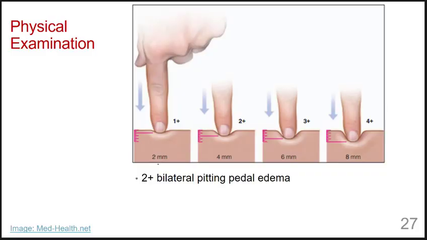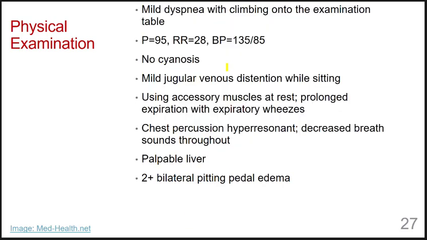And so why does that pitting edema exist in this case? Well, it goes along with the jugular venous distension and the palpable liver, where you have that right heart failing now because of a lung disease such as COPD, where the heart has to work really hard to overcome that pulmonary hypertension that has developed over time.